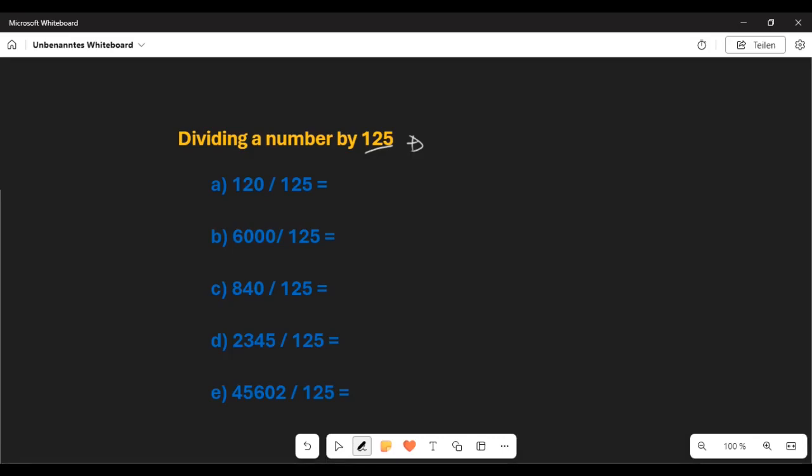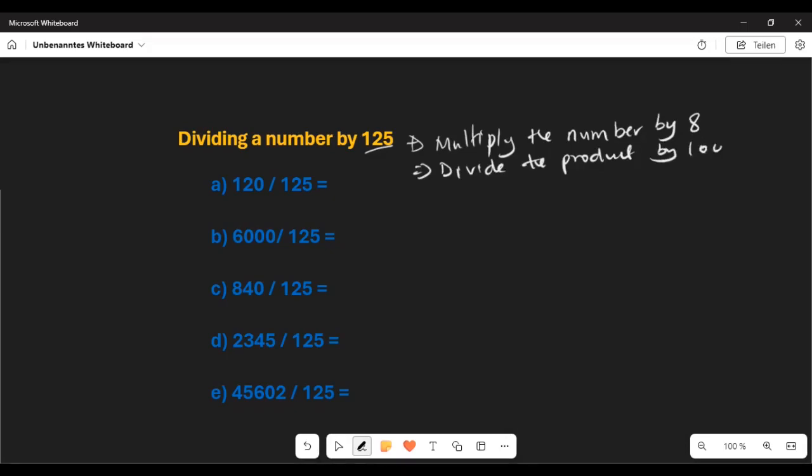Every time you have to divide a number by 125, think about the first step: multiply the given number by 8, and then divide the product by 1,000.